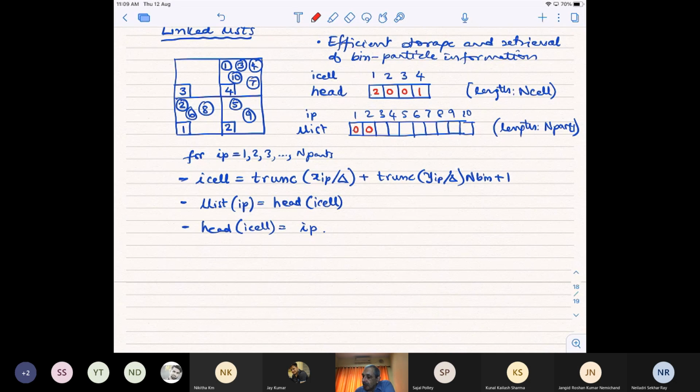So you look at 4. Oh, this is 1. So this 1 has to be put over here, and in 4 the particle number is now 3. Now let's look at particle 4. Where is that? Oh, that is also in 4. So now I'm going to move 3 from head into L list.